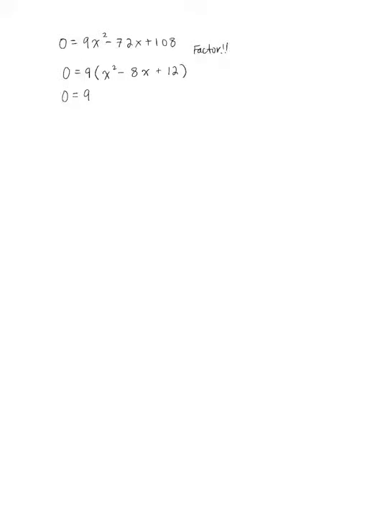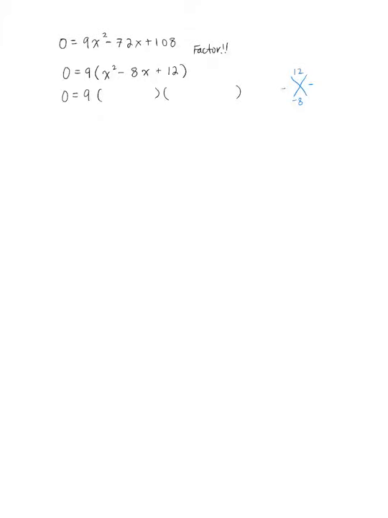Now, can we factor this? I believe so. I don't know how you learned to factor, but if you're comfortable with it, there's this thing called the diamond method. You put the 12 on the top, negative 8 on the bottom, and the signs had better be minus, minus. You're trying to come up with what times what equals 12, and what plus what adds up to negative 8.